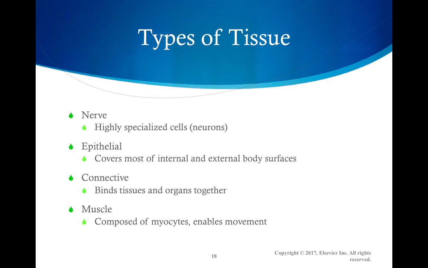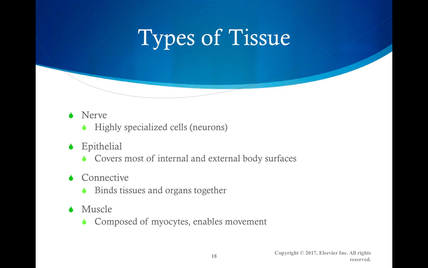So, for example, nerve cells are very highly specialized cells called neurons, and they are able to receive and transmit electrical impulses across synapses to communicate.